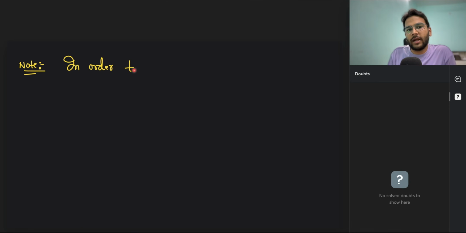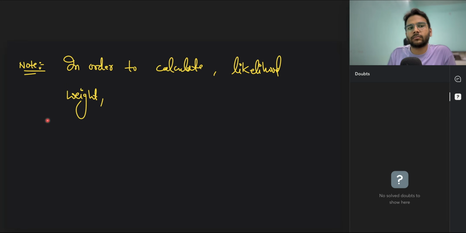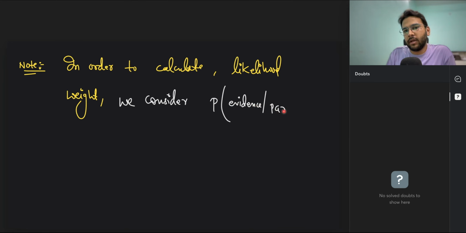In order to calculate likelihood weighting, or weight, simply we consider probability of evidence given parent, right?